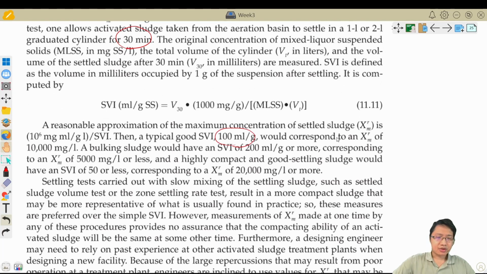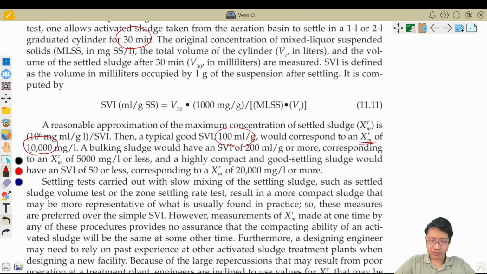If you get a good SVI of about 100 milliliter per gram, your XM range for the recycle concentration will be about 10,000.